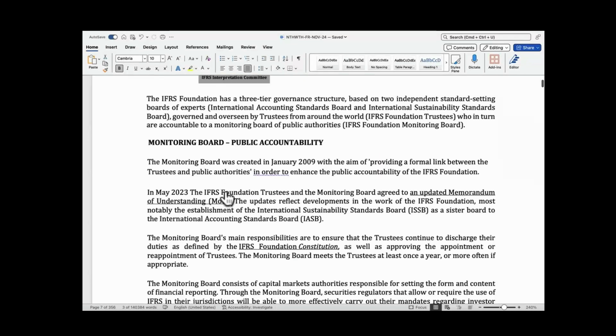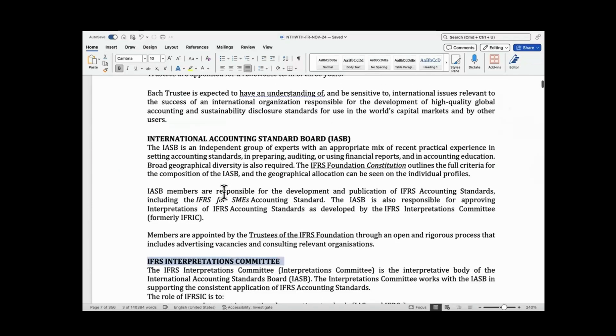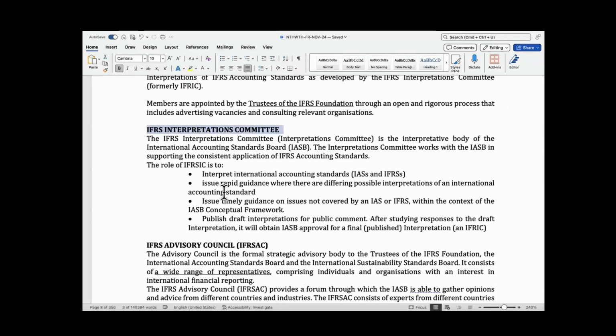So you see this IFRS Interpretation Committee, their own focus is on interpreting IFRS. I mean, what's the big deal about interpreting IFRS? Interpreting IFRS doesn't mean that they will start picking every IFRS and interpreting it, right? Where those interpretations usually come in handy is where there are different interpretations of an accounting standard.